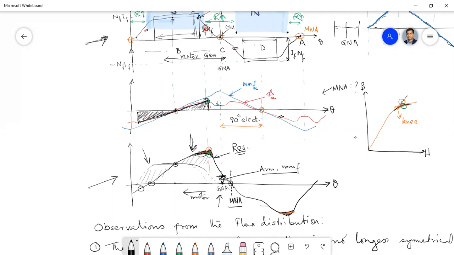The amount which you lose on this side, the same amount you gain on this side. So this same armature mmf is added with the main field mmf, and you got this resultant curve.